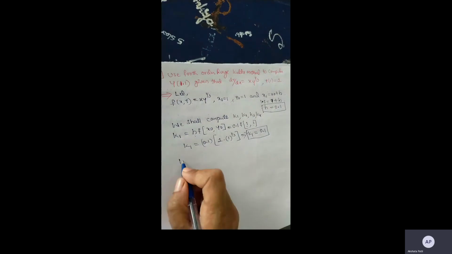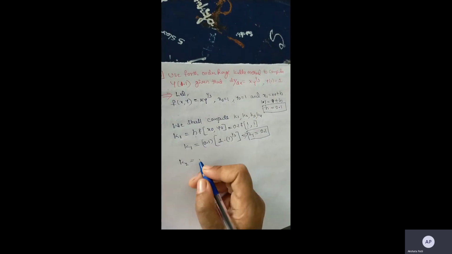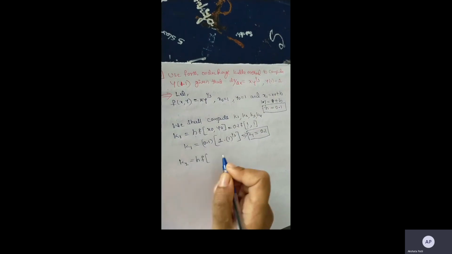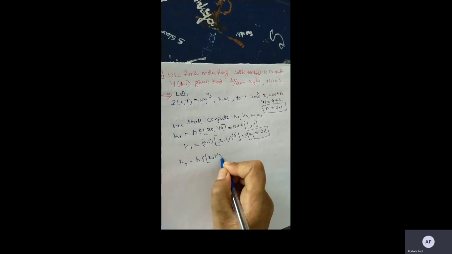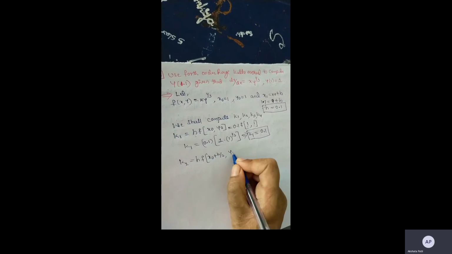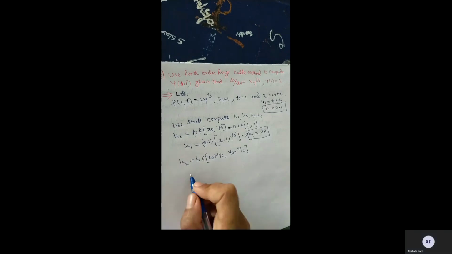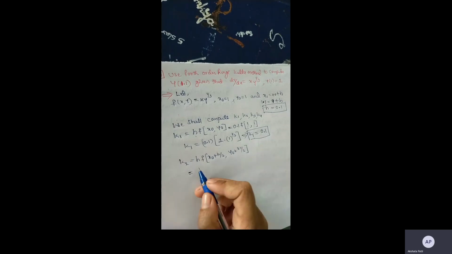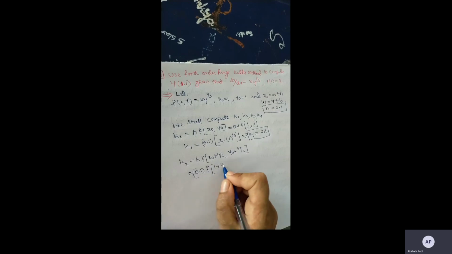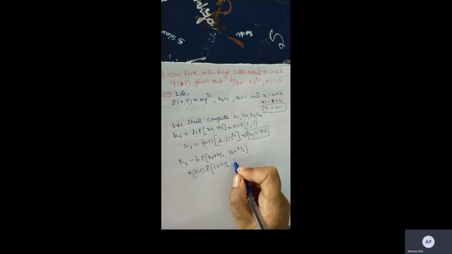Now calculate K2. K2 equals, the formula is h into the function of x0 plus h by 2 comma y0 plus K1 by 2. Here h value is 0.1 into the function of x0 is 1 plus h, 0.1 divided by 2, and y0 is 1 plus K1 by 2, using the value we already calculated above.